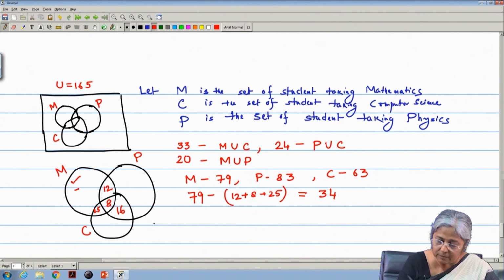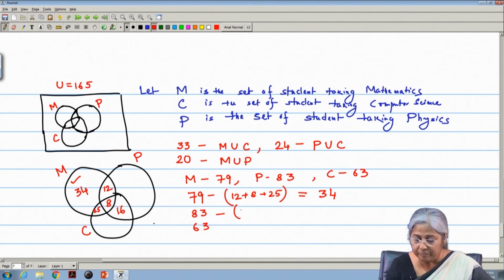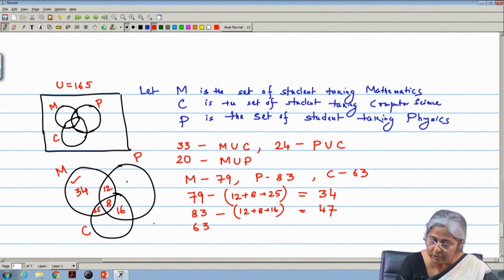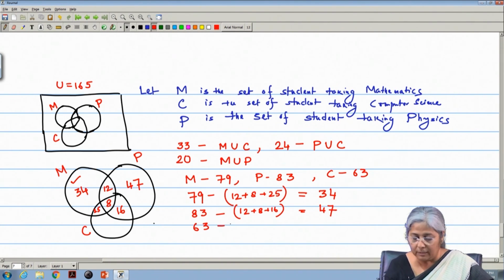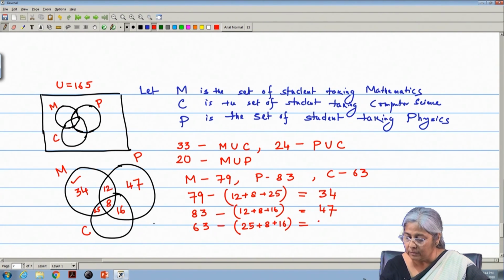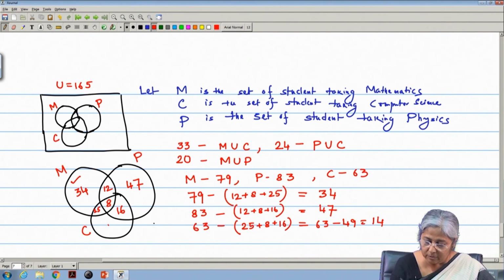So, I can write here it is 34. Similarly, for only physics students and only computer science students: 12 plus 8 plus 16 is equal to 47 students. So, only physics students are 47 and here I can take 25 plus 8 plus 16, which is 63 minus 49, is 14 students taking only computer science.